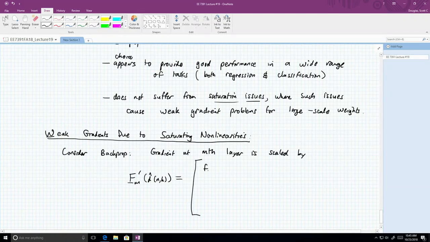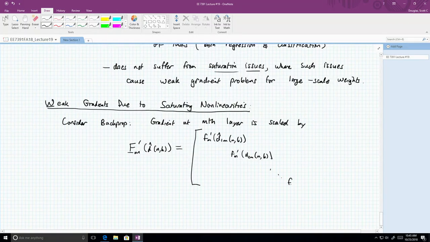Now, the derivatives are needed because, you know, Fm of D1m, okay? We have Fm prime of D2m and k, and so on, all the way back to Fm prime of D, in this case, at the nth layer, it's L plus 1, Lm plus 1, m and k.